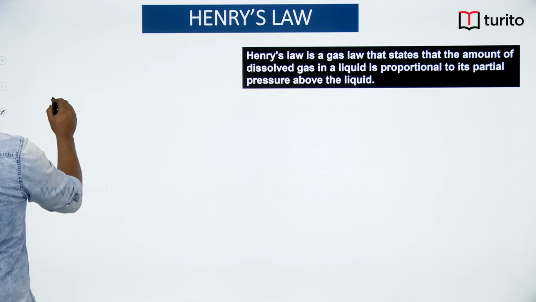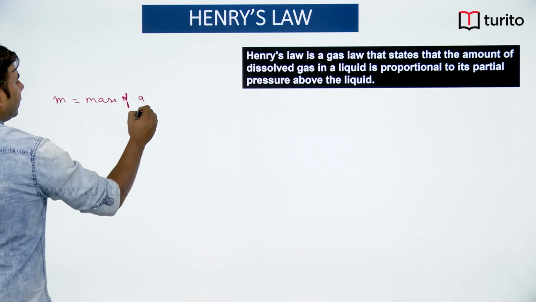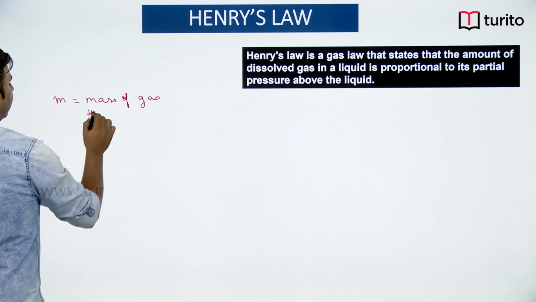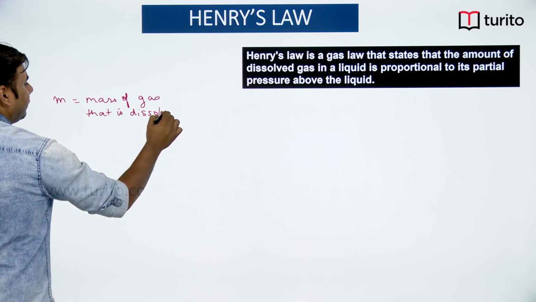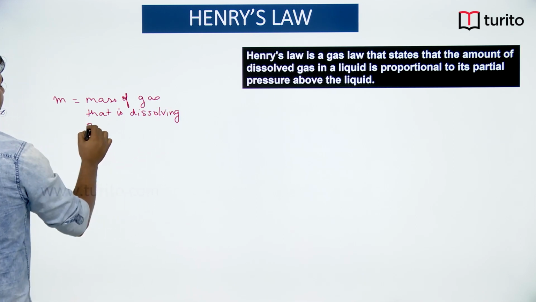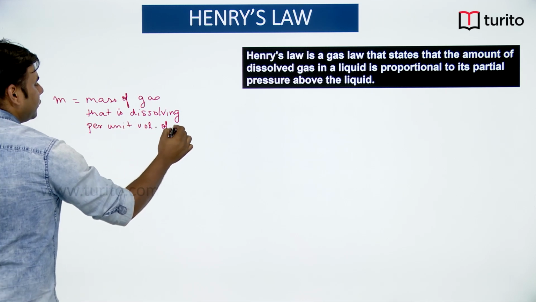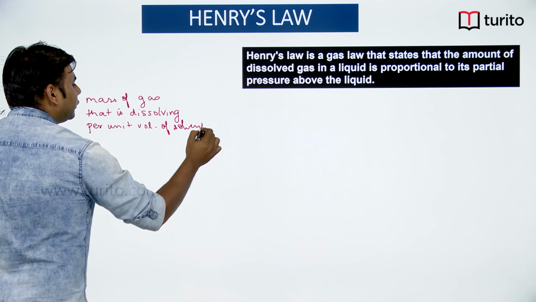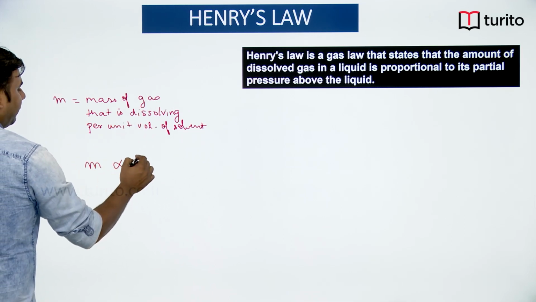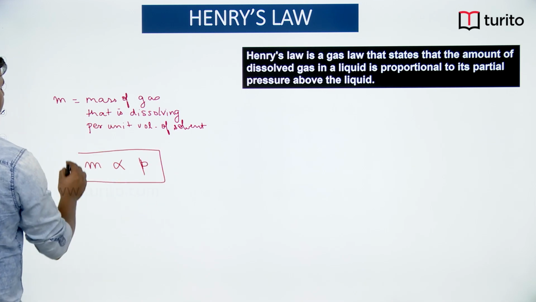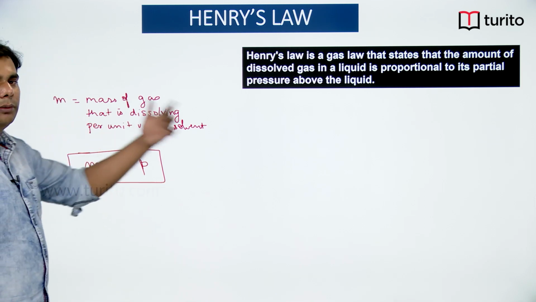So if m is the mass of gas that is dissolving per unit volume of solvent, we'll say that the mass of this gas dissolved will be proportional to the partial pressure of the gas above the liquid.